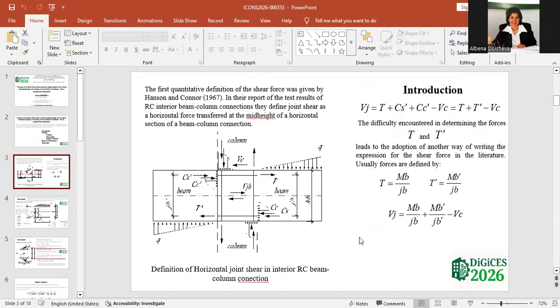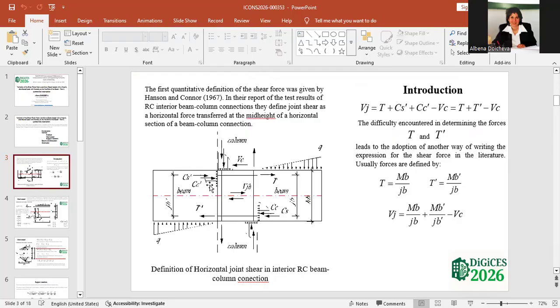In 1967, Hansen and Connor gave us the first quantitative definition of shear force. This is the horizontal force transferred at the mid-height of a horizontal section of a beam-column connection. It is made from forces of the top reinforcement bar of the beam, where on one side the force is tension and on the other side the force is compressive.